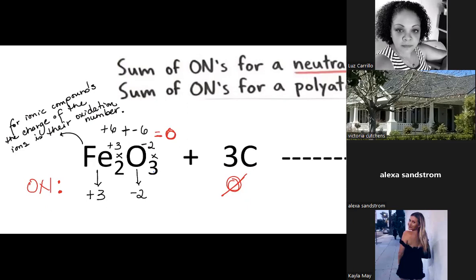But to summarize it, it is easier to say in ionic compounds, the charge of the ions is also their oxidation number. Yes, the -2 for the oxygen comes straight from the rules. Oxygen is one of those atoms that always is -2, like your halogens are always -1.